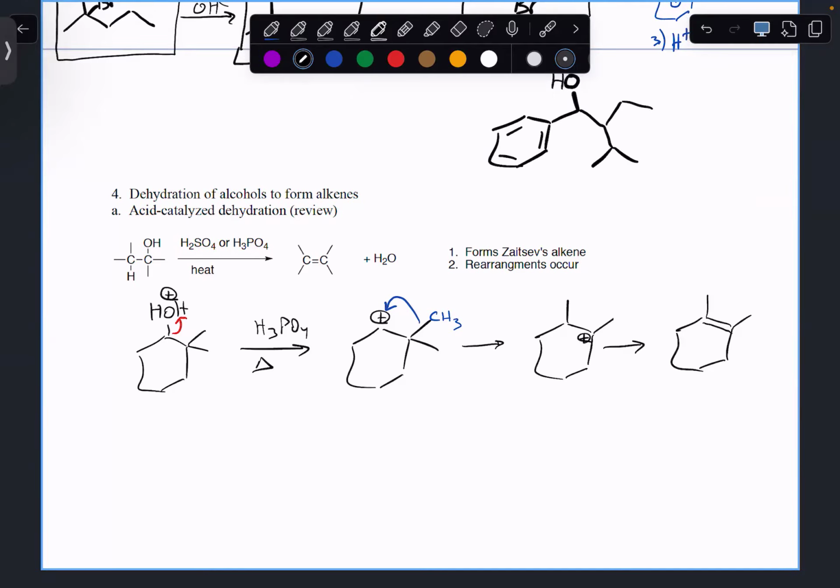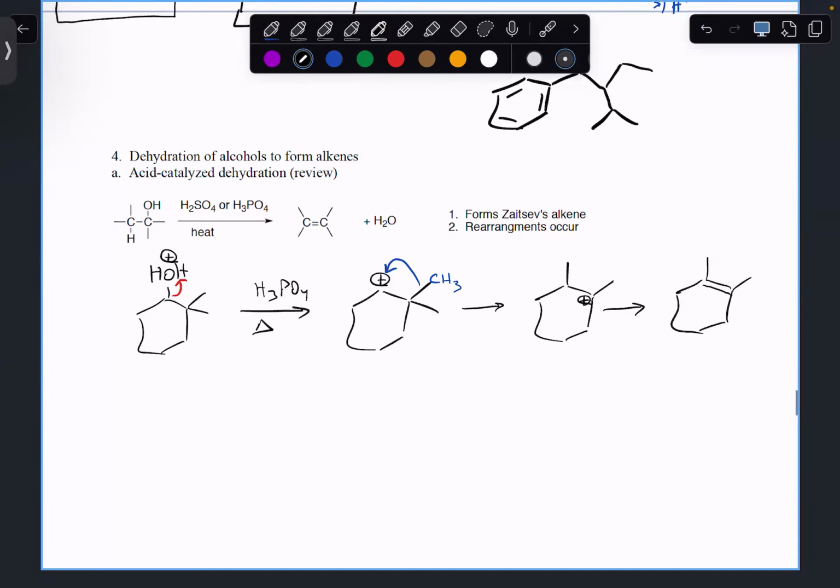The last reaction I want to look at together is another type of dehydration, but this one is not accompanied by rearrangement. And you can do that through the use of this reagent.